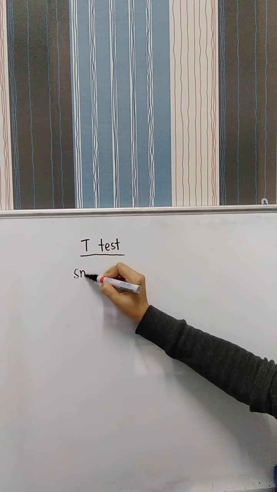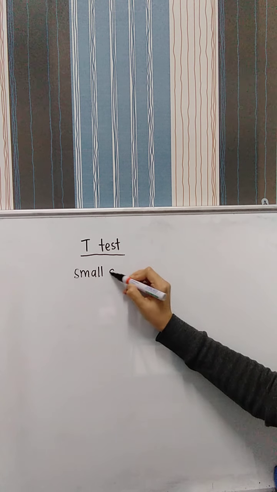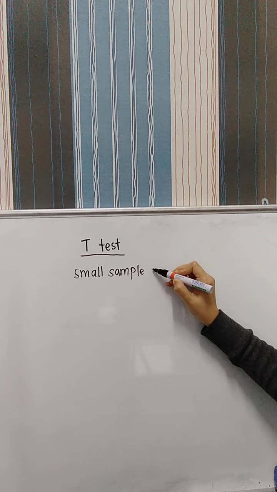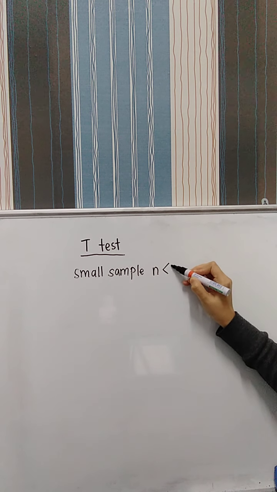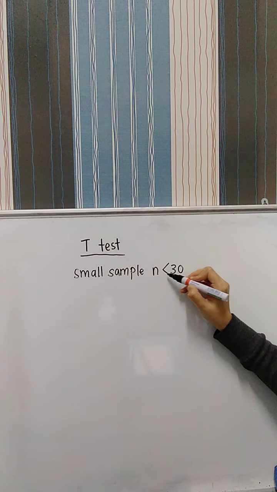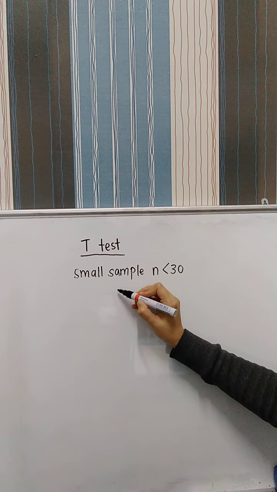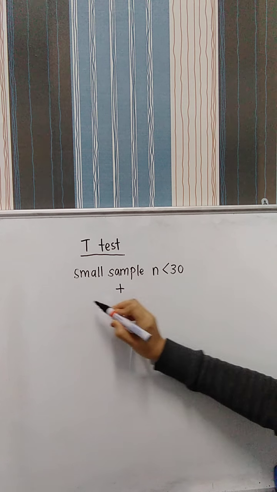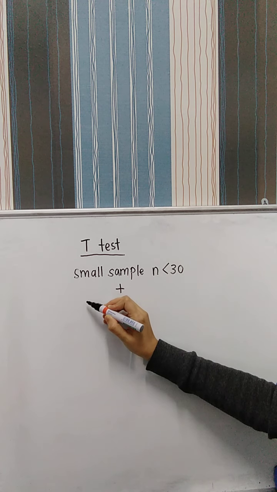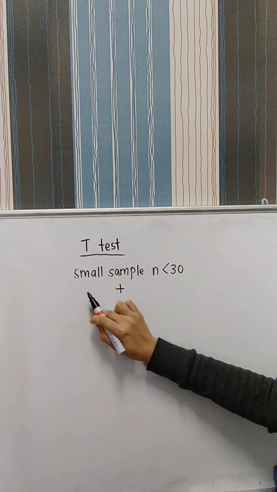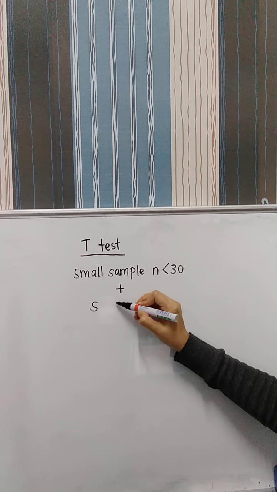Small sample. Small sample means your data is less than 30. This is a small sample, and then plus another condition: s, the sample s.